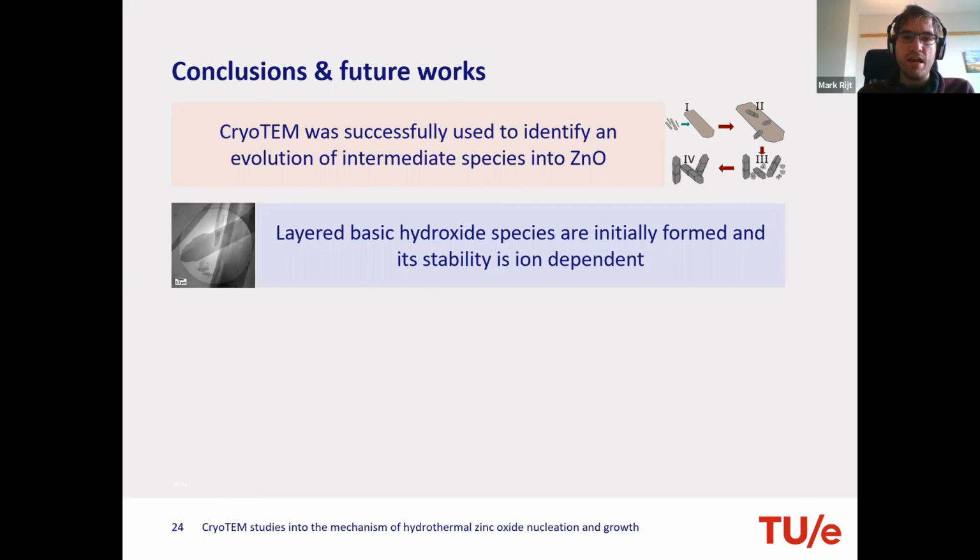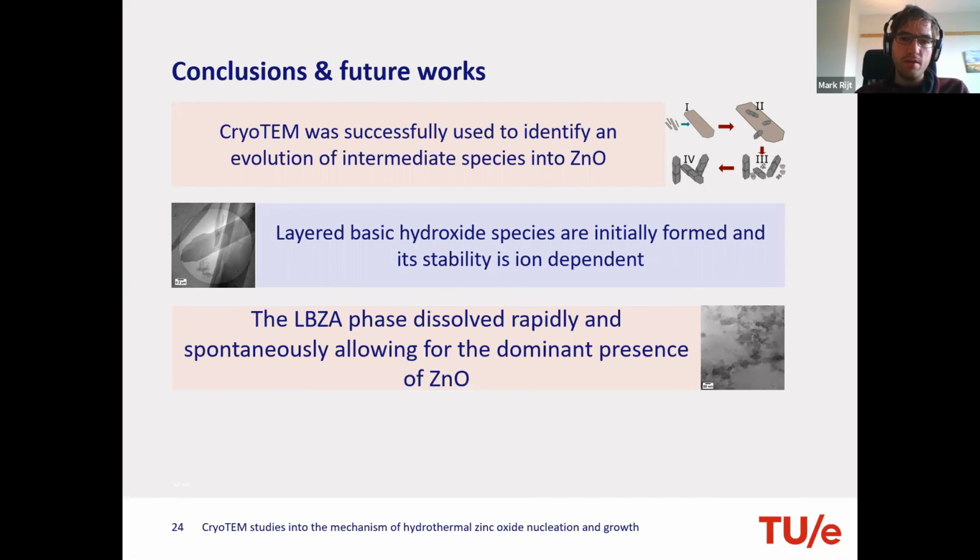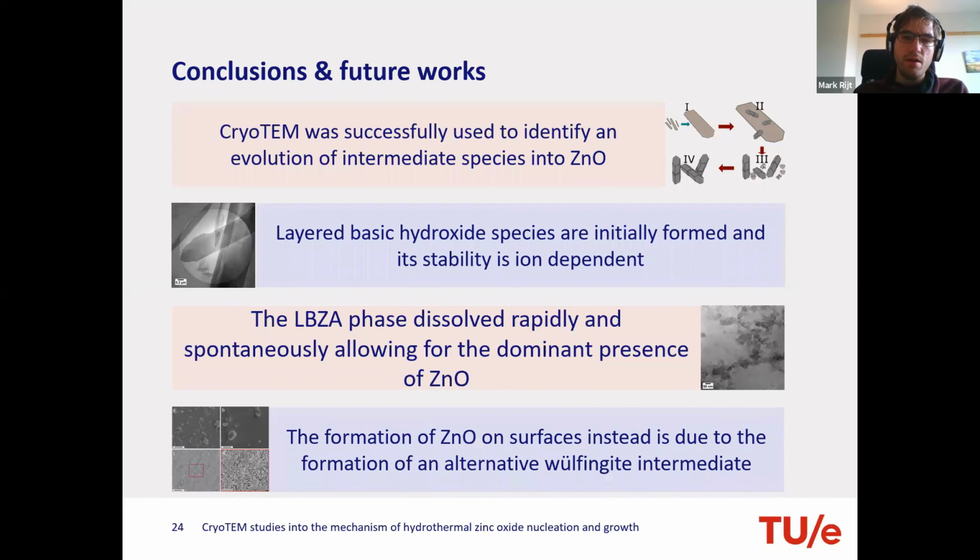We saw that this layer basic zinc hydroxide species play an important role, especially when they're able to transform into zinc oxide, because this layer basic zinc acetate phase is able to rapidly dissolve, and indirectly with that promoting the formation of larger zinc oxide crystals. And finally, the formation of zinc oxide on surfaces is due to a different formation mechanism.